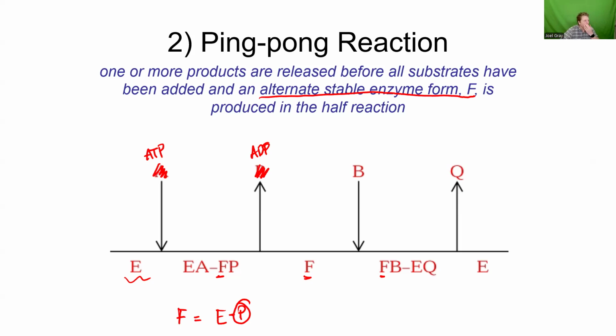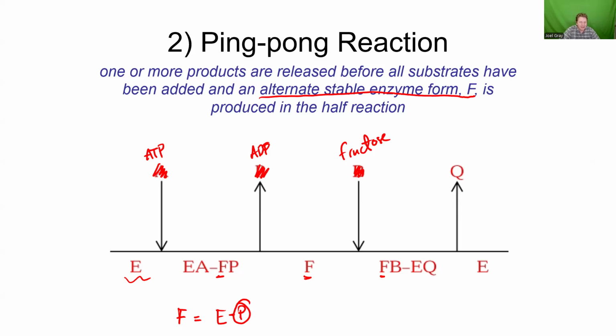And let's say that it binds fructose. Okay, so it binds fructose, our second substrate. Binds fructose, and then you know what it does? It has to get back to the original E, the original enzyme.